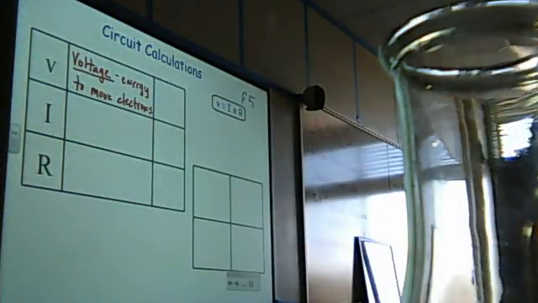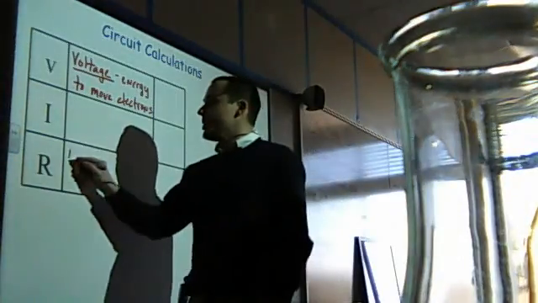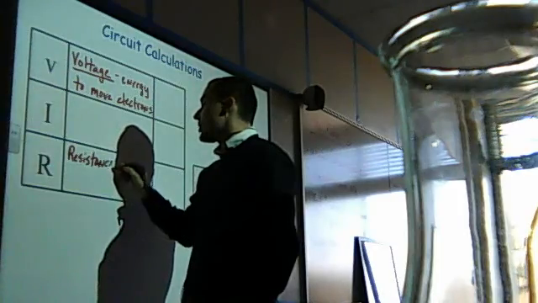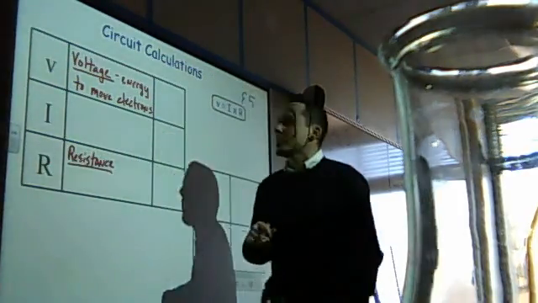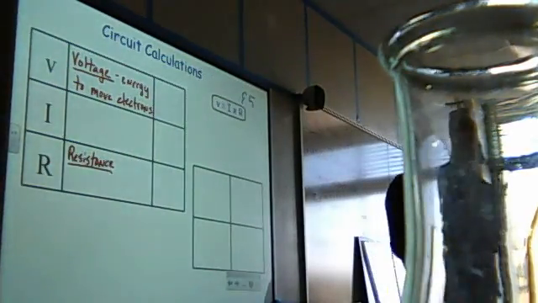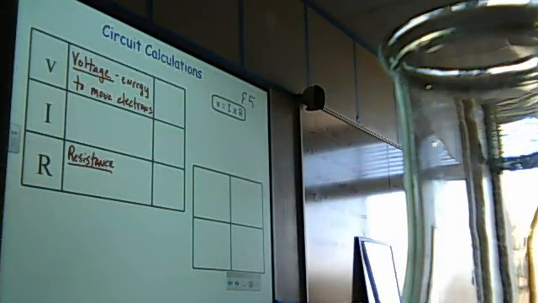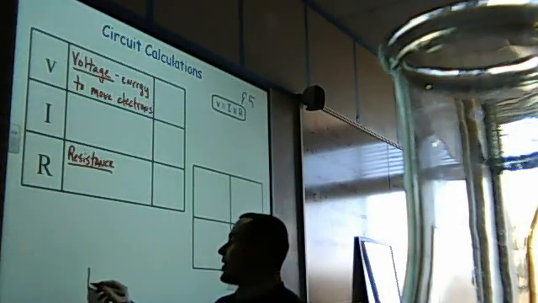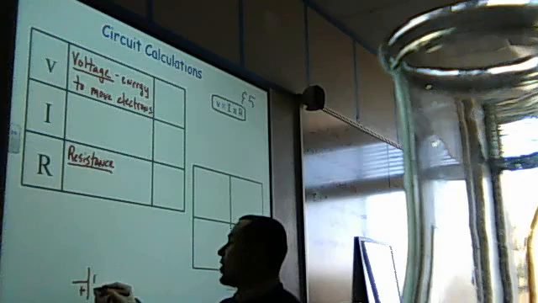Resistance. You know what? Resistance. R is something called resistance. So every circuit that you build is going to have voltage, the energy available to move electrons, and it's going to have resistance. I'm going to draw a really simple series circuit down here. You don't need to draw it yet.